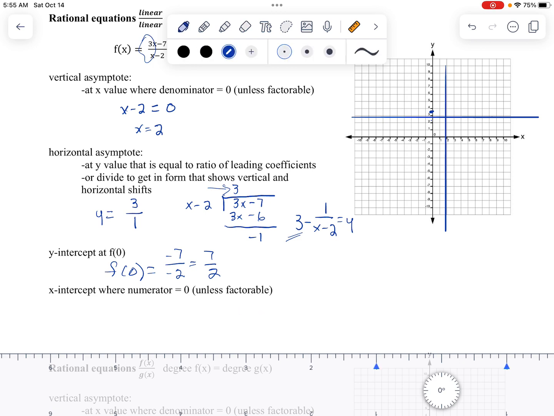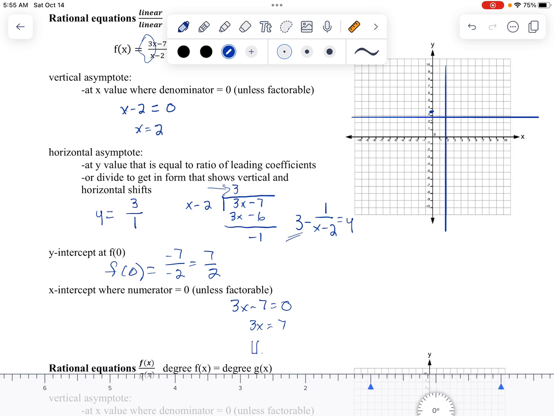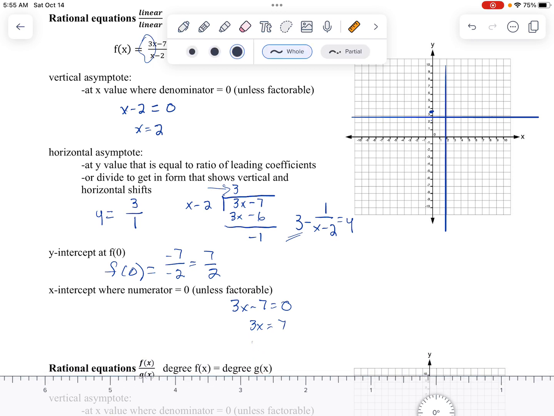If I set my numerator equal to 0, that is where I have my x-intercept.